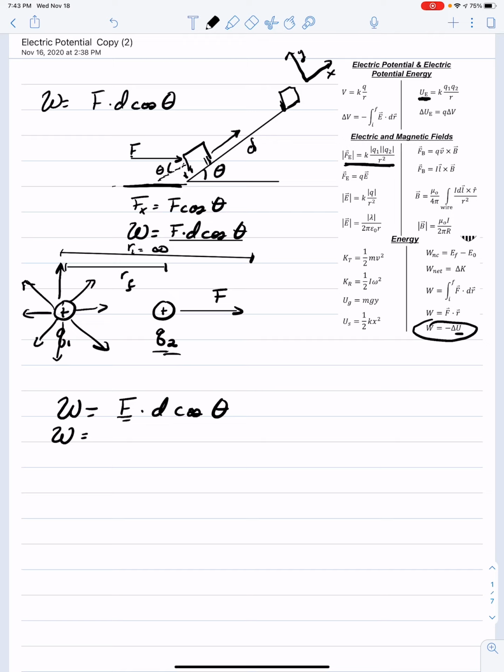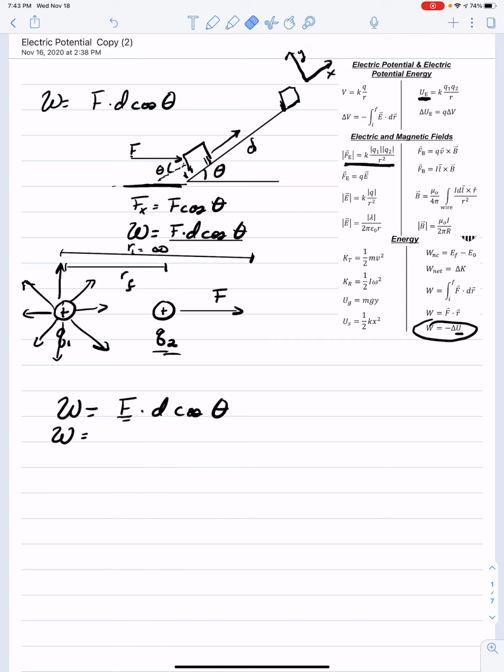We can rewrite it as K times Q1 times Q2, charge 2, over R squared. And let's write down final. All right, wait, actually, let's do this even more interesting.